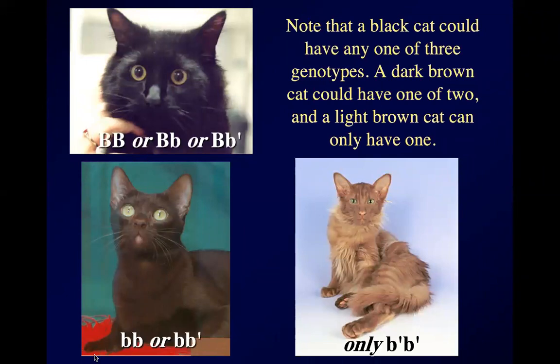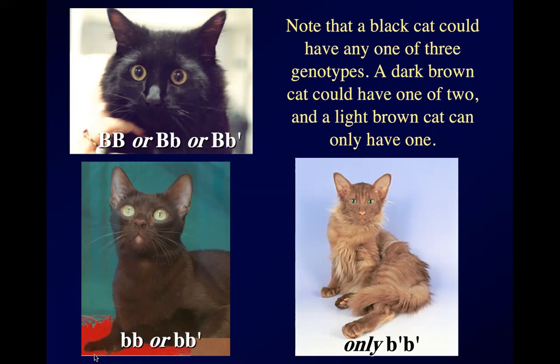So a black cat could be homozygous and have two copies of the black allele, the genotype big B big B, or the black cat could be heterozygous in one of two ways. A black cat could have a black allele and a medium brown allele, big B, little b, or one copy of the black allele and one copy of the light brown allele, big B, little b prime.